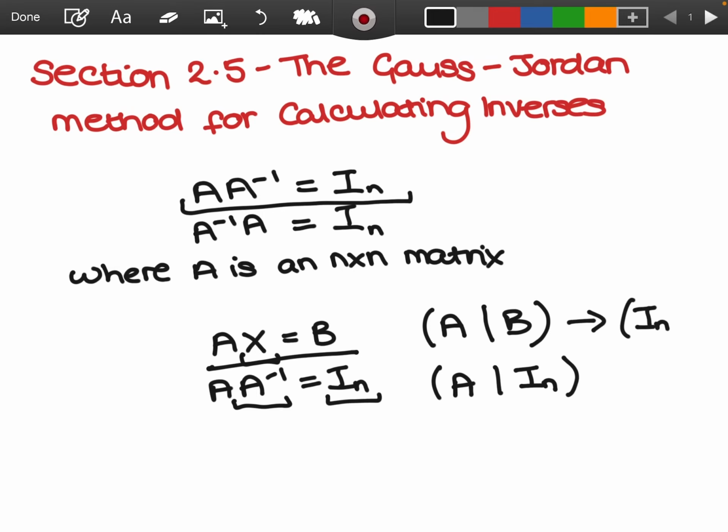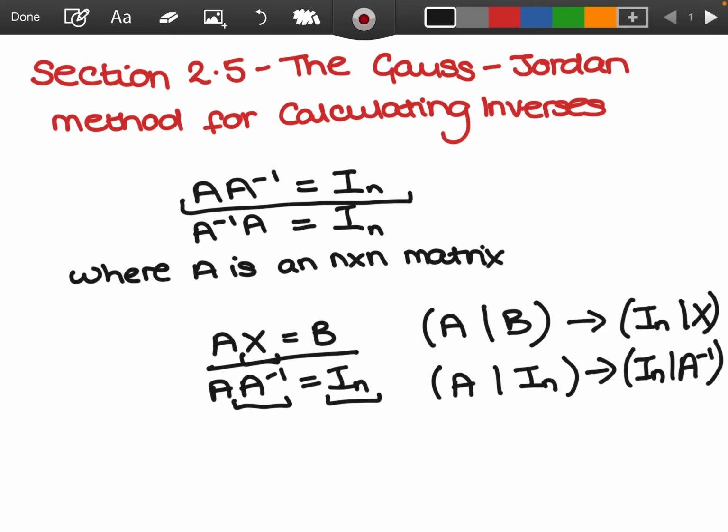Before, I ended up with the identity matrix on the left, and I ended up with my solution matrix, which was just that column matrix X on the right. In this particular format, where I've got A times A inverse equals the identity, this time I want the identity matrix on the left, and then my solution again is going to be on the right, which in this case is going to be A inverse.